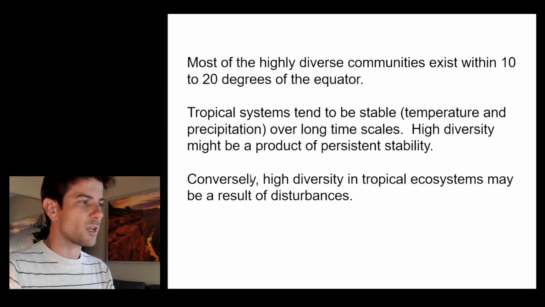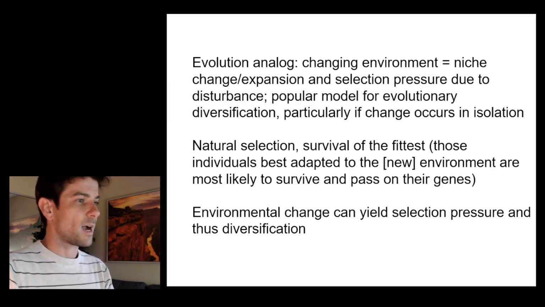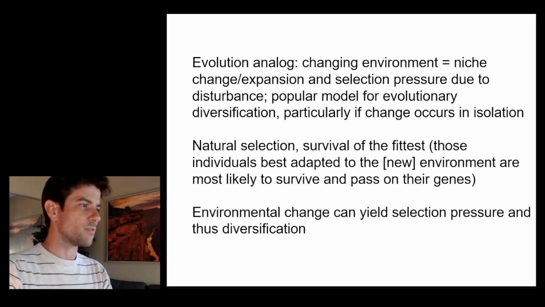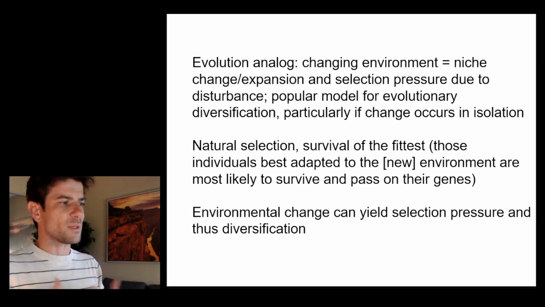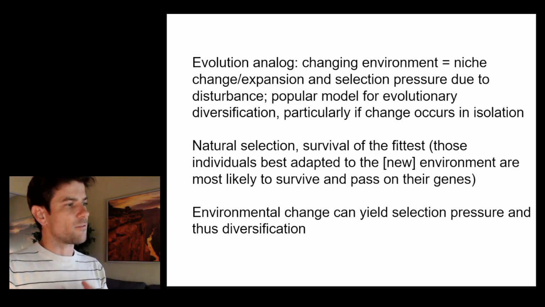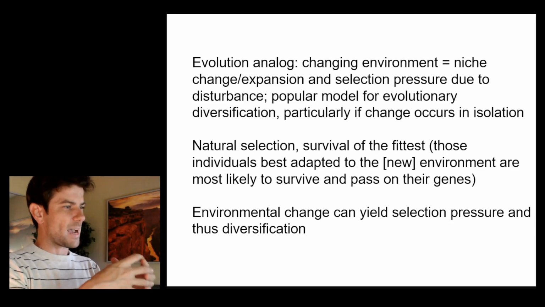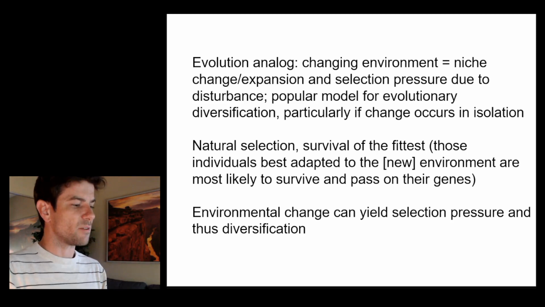But you could also make an argument that high diversity is a result of disturbances, and that really gets into this argument about how evolution progresses, whether or not it progresses as a result of changing environments on the periphery of a large population, where there are smaller populations that are isolated, and their environment changes because they're, by definition, at the boundary of their ecological tolerance anyway, and that environment can be favorable for diversity.